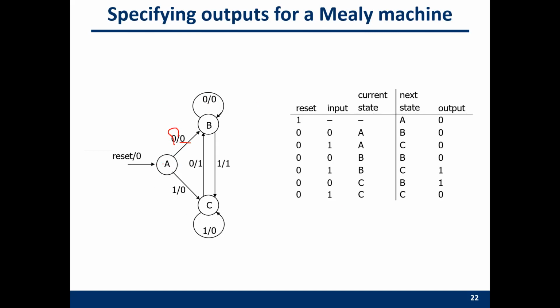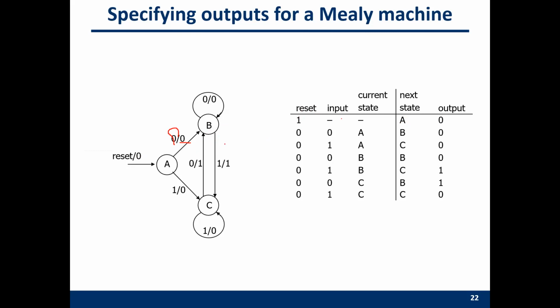The start state is A. By a reset input, we can reach A. So in this case, we have a reset control signal. When the reset is 1, no matter what the input and what the state is, you have to go back to A anyway. So here the next state is A, and the output here is a 0.